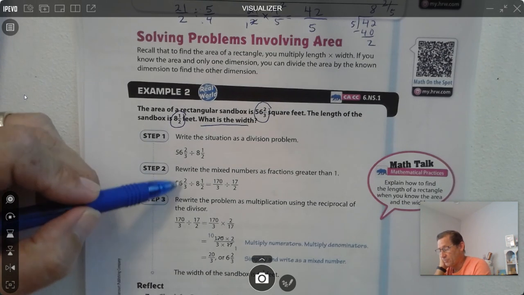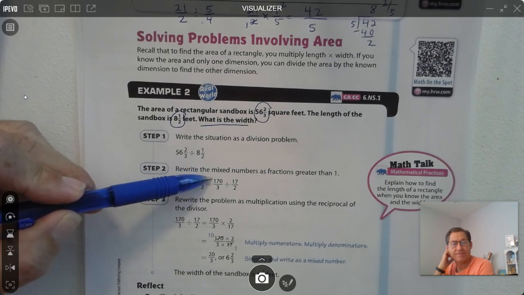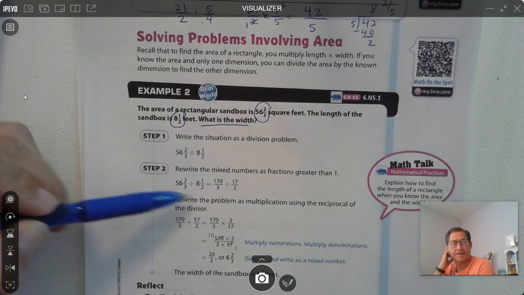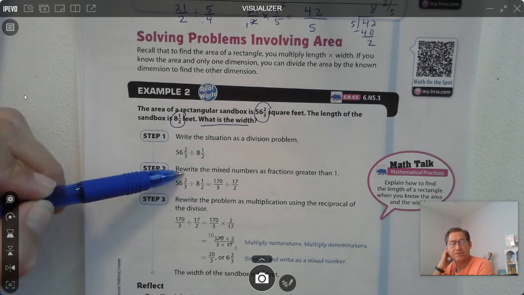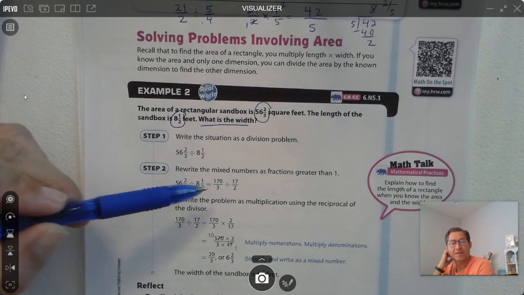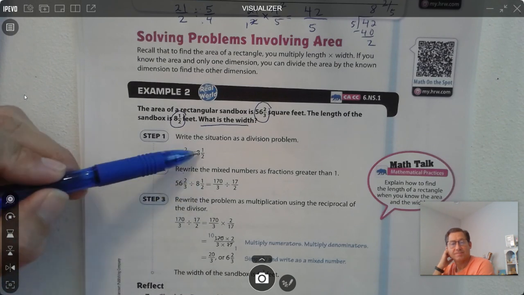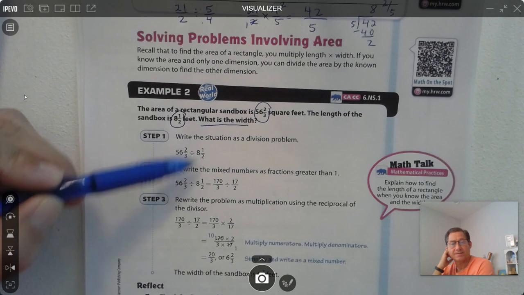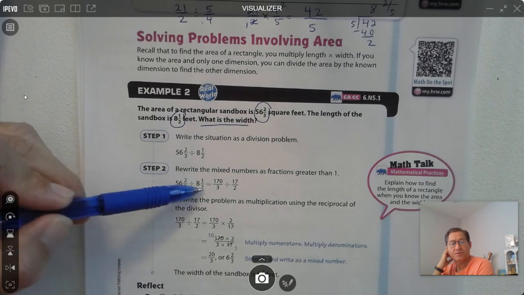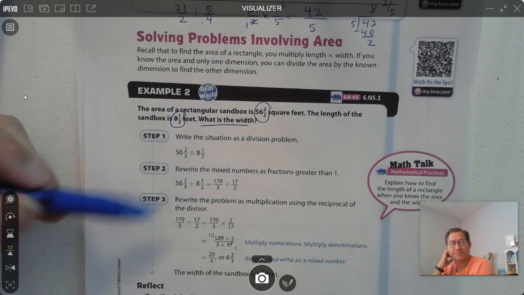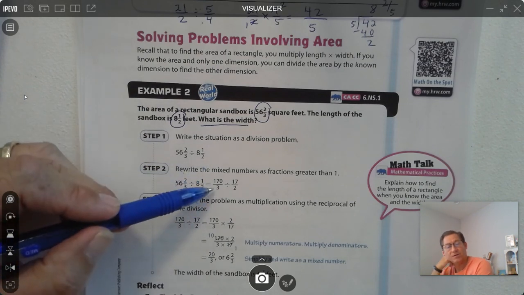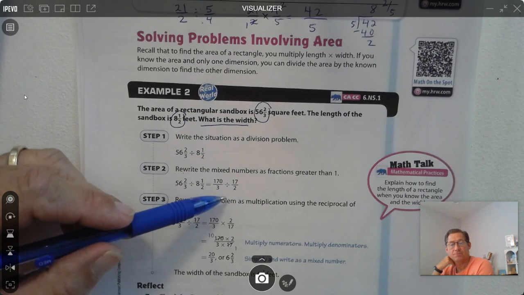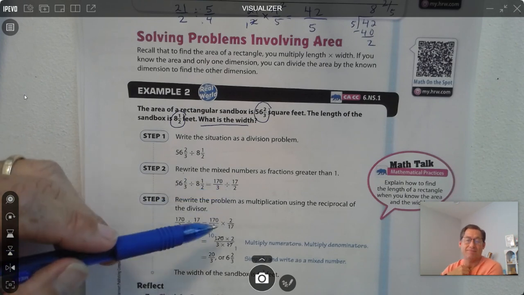So 56 and 2/3 is the same as 170 over 3. Okay, 3 times 56 is 168, plus the extra 2/3, 170, divided by the length of the box, which is 8 times 2 plus 1, 17 halves. We're going to multiply 170 thirds by 2 17ths, which is the reciprocal of 17 halves.